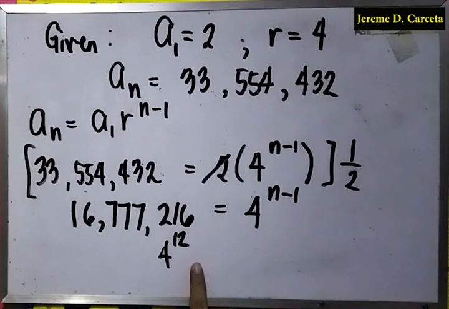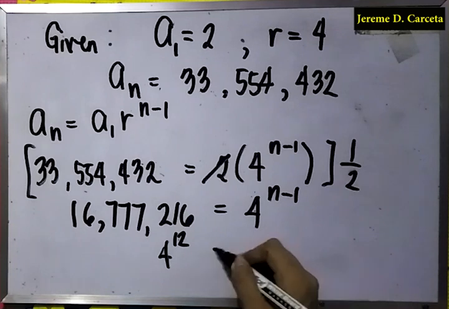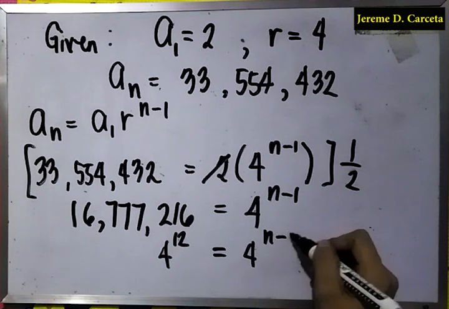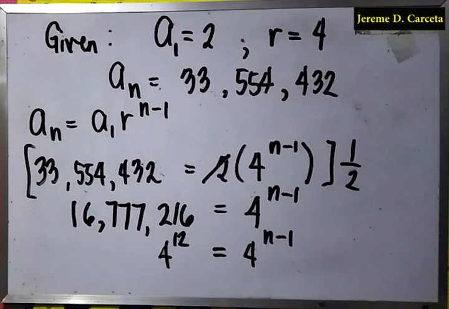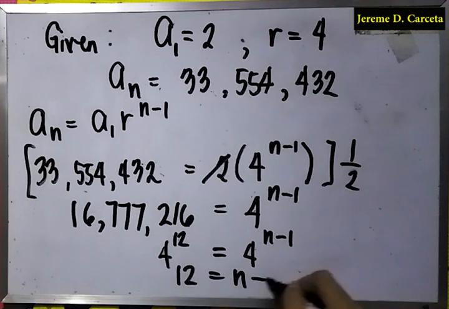As we perform 4 raised to 12, this is equal to this. Equals 4 raised to n minus 1. So we disregard again the 4. The remaining terms will be 12 equals n minus 1. So we have now here a linear equation.